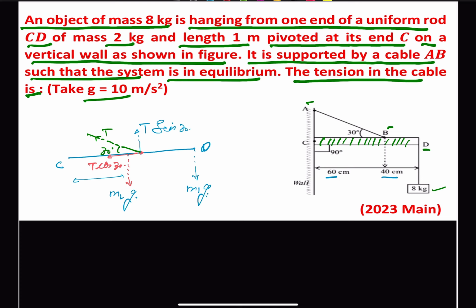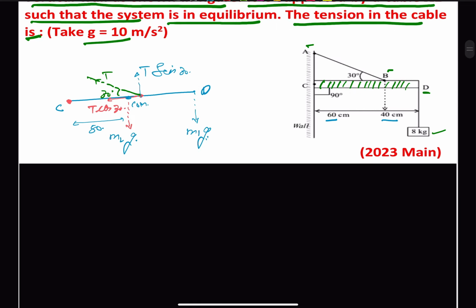So this is our center of mass, and it will be at 50. And because everything is in equilibrium, we are going to find out the torque about point C.